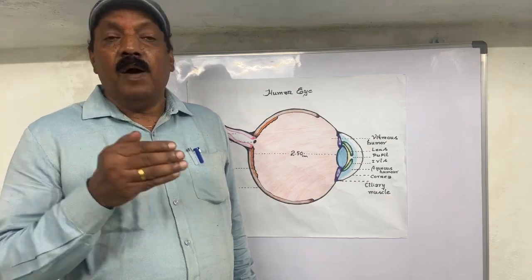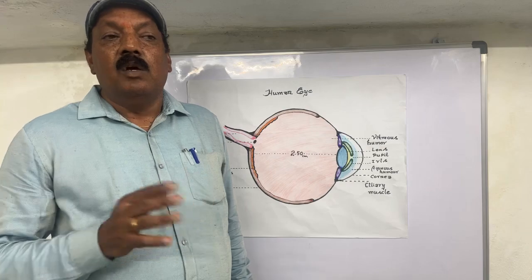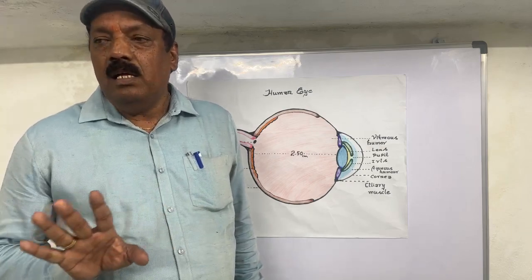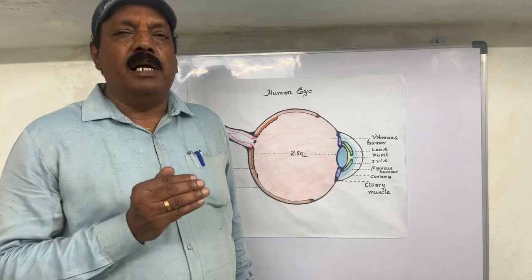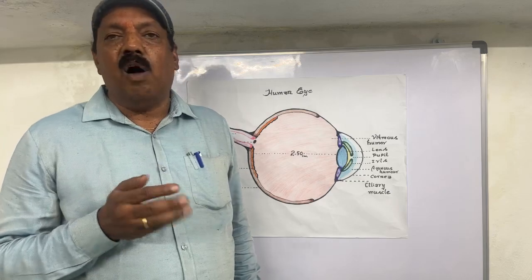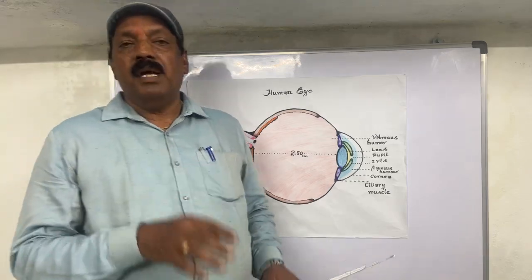If you maintain 25 centimeters, you are on the safe side. Your eyes will not get strained, and they will remain perfect for seeing and have a long life. That is the major one.